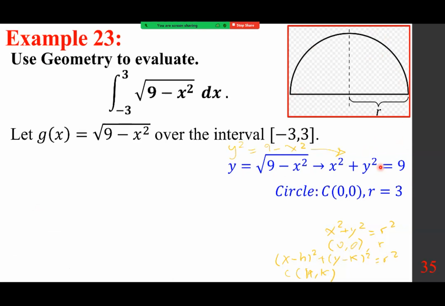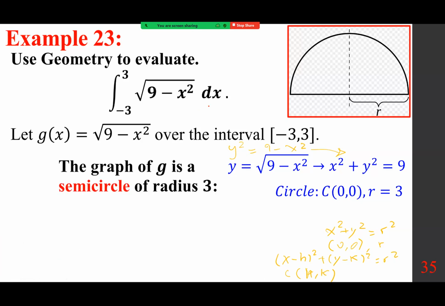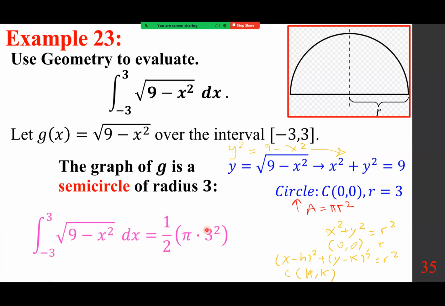It's a semicircle. So what is the area of a circle? We know the area. So the graph is a semicircle. And we know the area of a circle is pi r squared. So this one is half of that. So half of pi r squared, where r is 3, so 9 pi over 2.